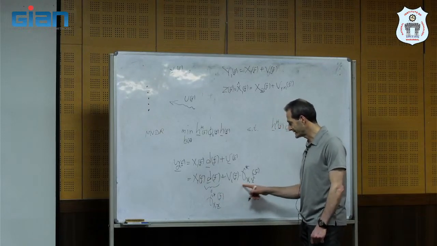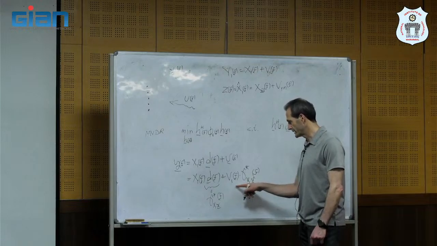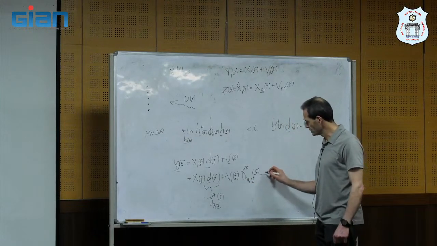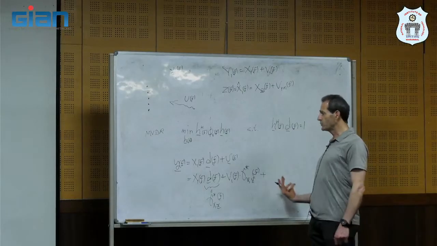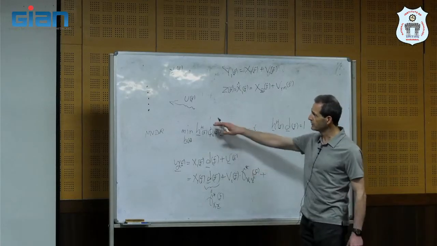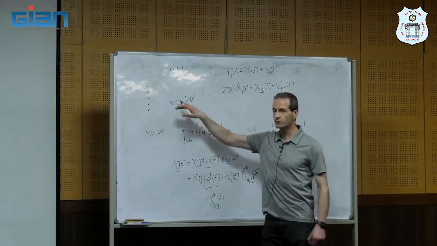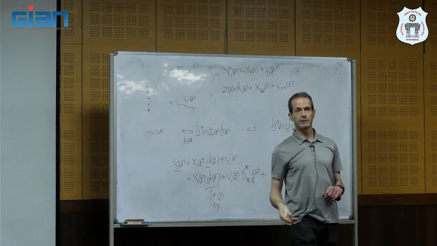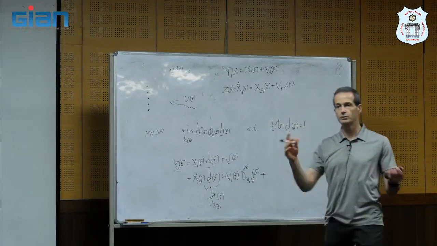So I can do the same for the noise. But then I have an additional component, which is the incoherent noise. Because generally, we don't have just one noise source, one interference. We have additional sources, maybe thermal noise, diffuse noise, and so on.